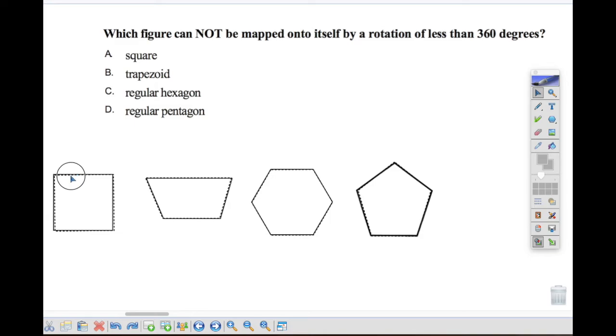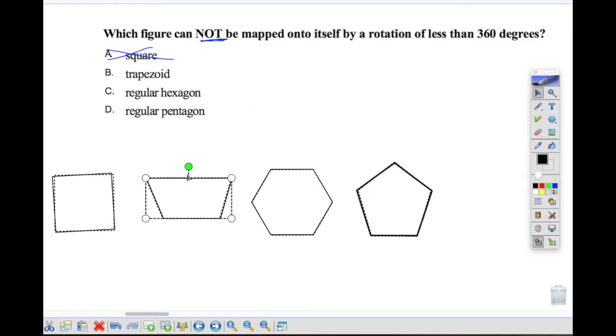So again, this won't let me rotate it from the center, unfortunately. But if I click and rotate a square, okay, I don't have to take it all the way around to make it look back like itself. So that means that a square can be mapped onto itself. This asks which cannot. So a square does have rotational symmetry.